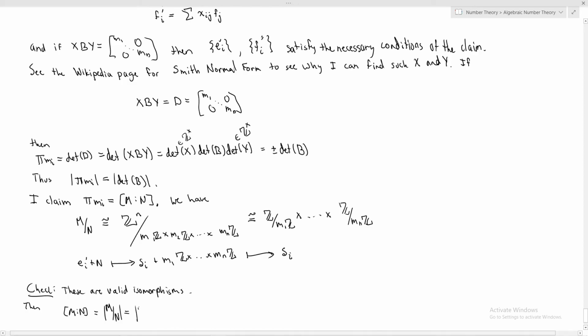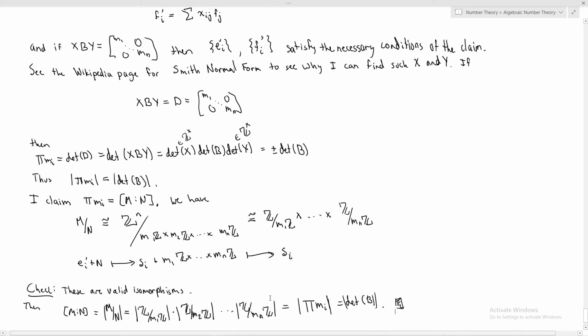So this will be the size of Z mod m1Z times Z mod m2Z and so on, which is exactly what we wanted, the size of the product of these, which we just saw was the same as the absolute value of the determinant of B.